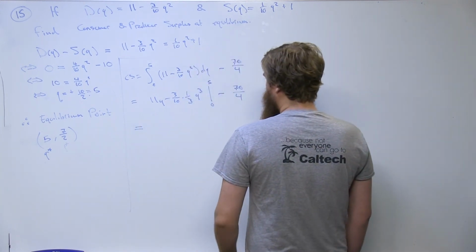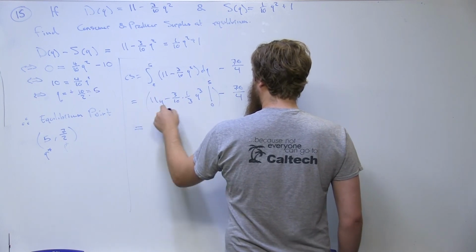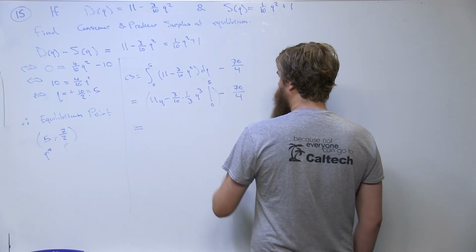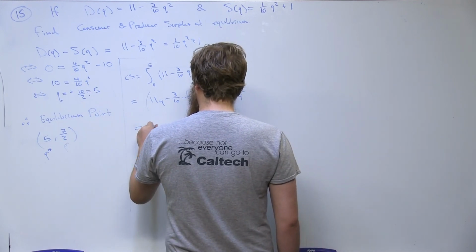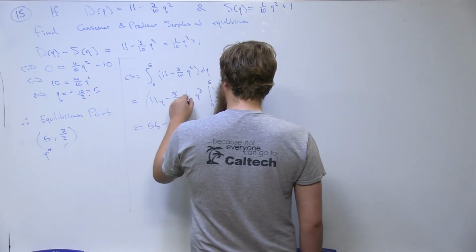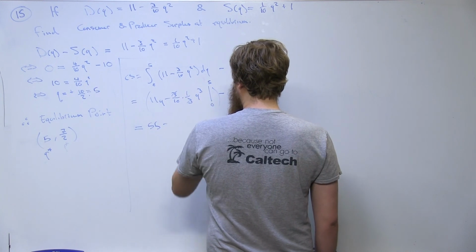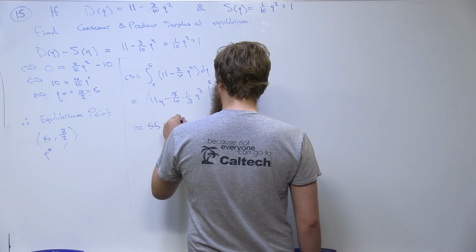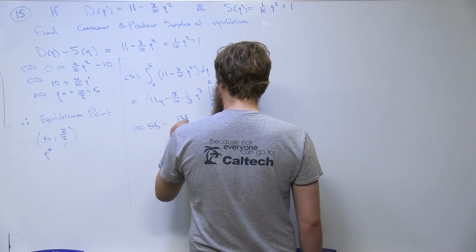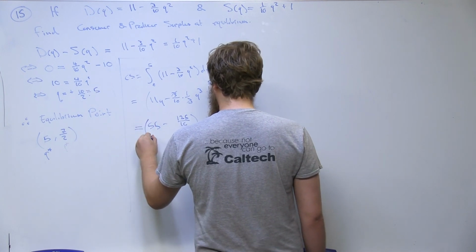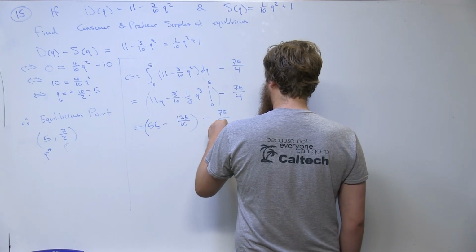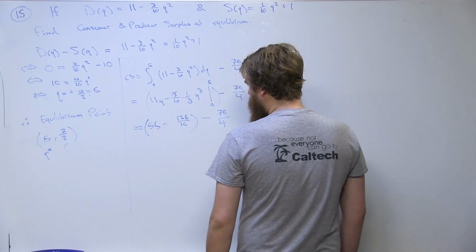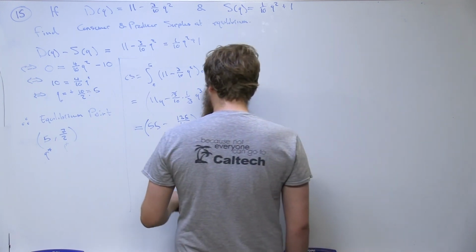All right. So nothing in here is going to come from this lower limit because these both have q's in them, so the upper limit is the only contributing factor. 11 times 5 is 55, minus, these guys cancel, 5 cubed is 125, so 125 over 10. And then minus this. Okay, we can write 55 as a ratio over 10 is 550.